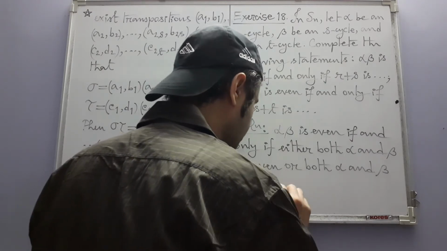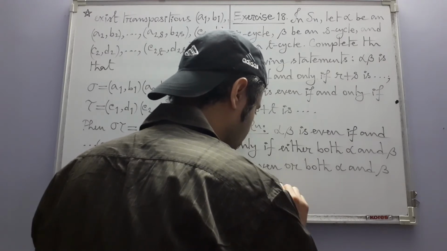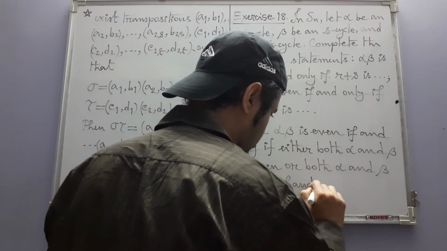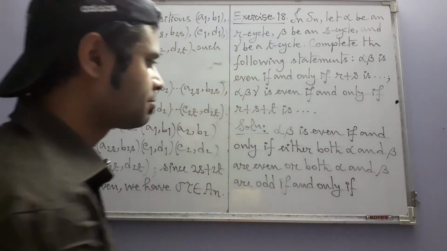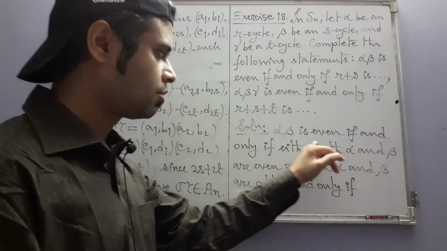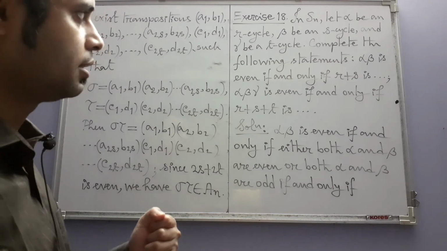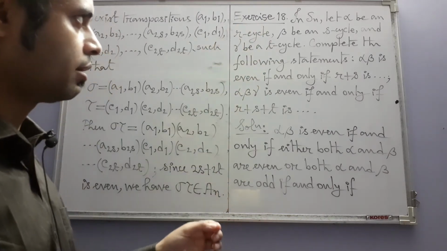And we continue, if and only if... okay, now comes the thing about these cycles. When are the cycles even and when are they odd? Alpha is an R cycle, beta is an S cycle.